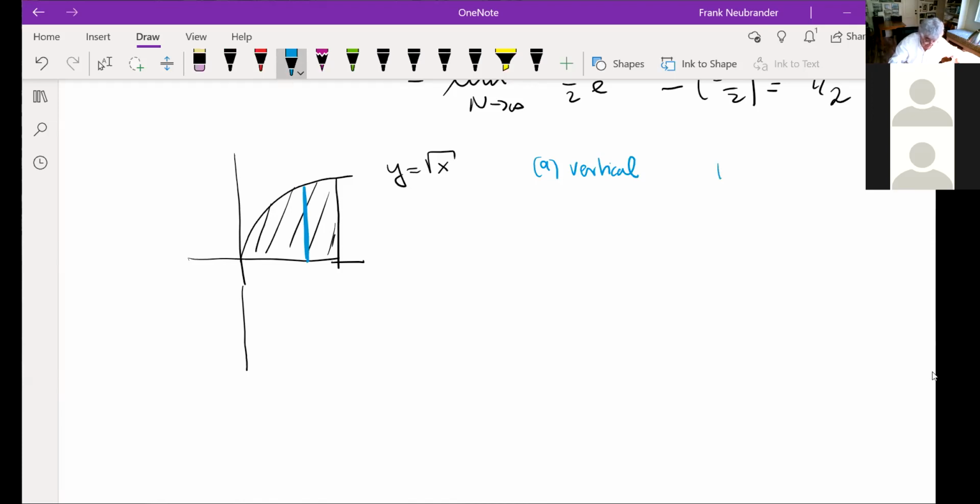So it is the height, which is square root of x, that's the length of the rectangle. The width is dx. And I do this for all x between 0 and 4, and I sum it all up. So this will be the area of this region.